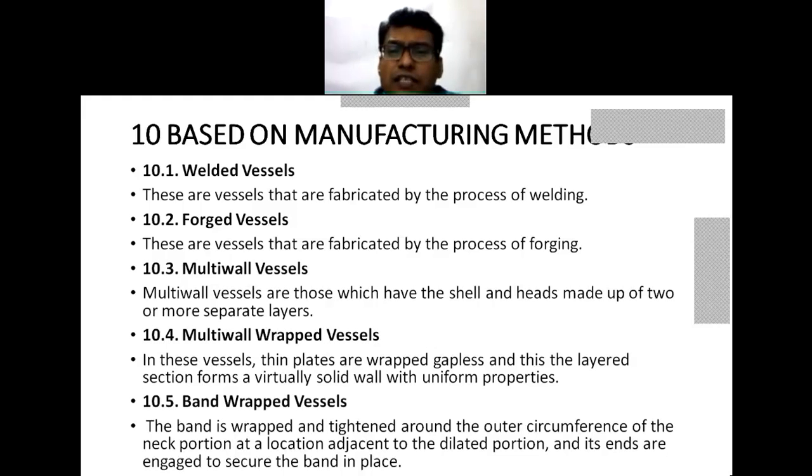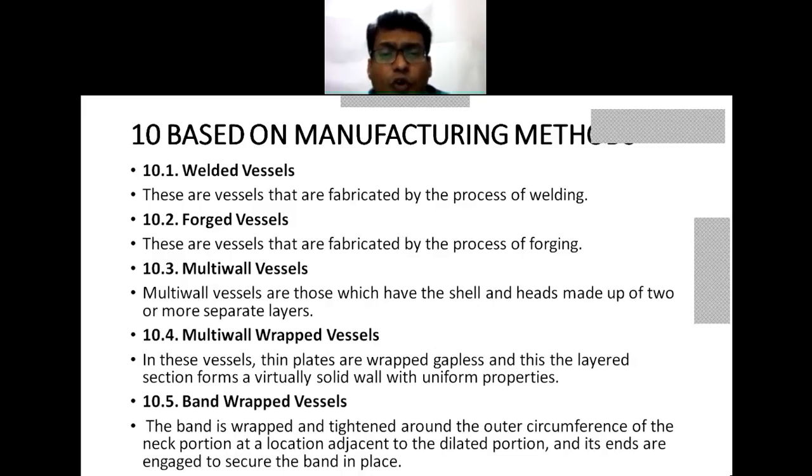These are the vessels that are fabricated by the process of forging or casting. In the old days, casting was preferred, where you give the desired shape by pouring the hot metal into the cast.